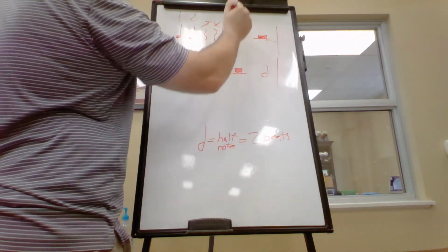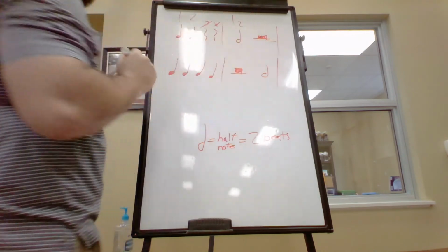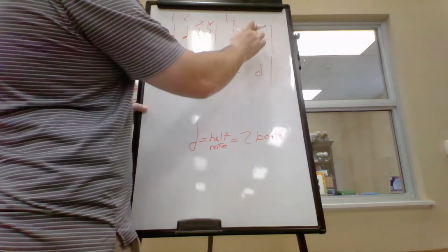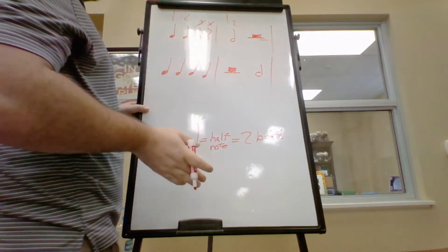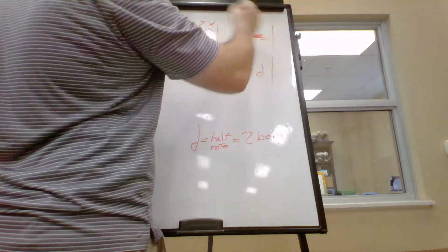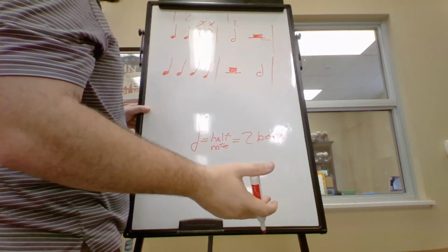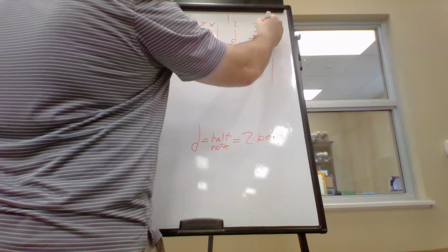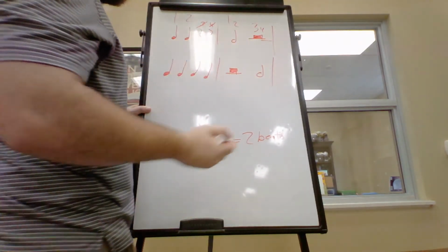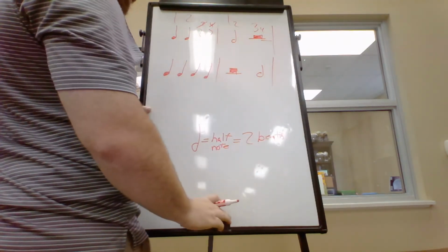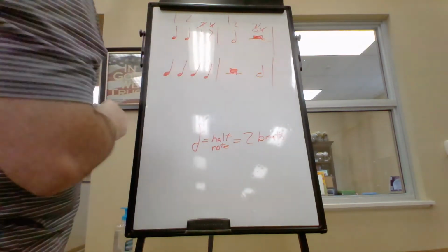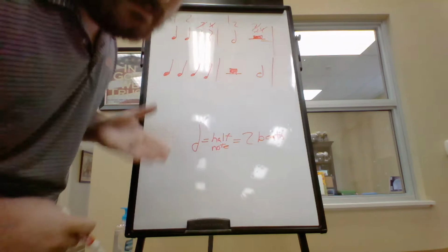So we know that the first one is going to be big 1, little 2 because of the half note. Now 3 and 4 have to go in this half rest, because the half rest also gets 2 beats. So what we're going to write is a big 3, little 4. But this time, since we're trying to represent silence, we're going to put a dash through the 3 and the 4, just to represent the silence.